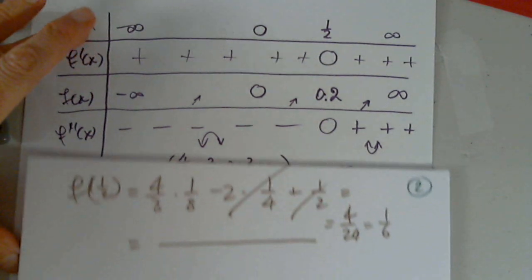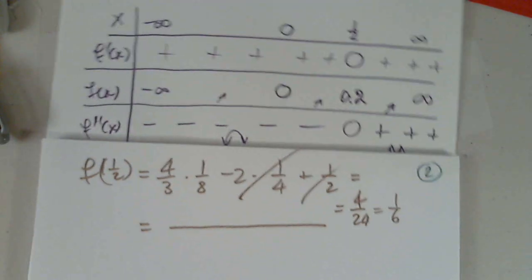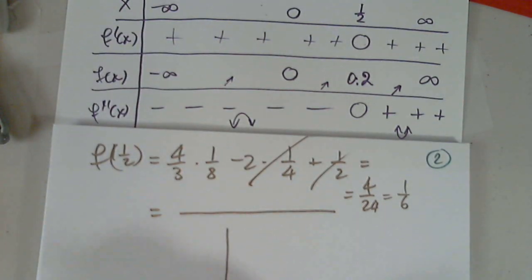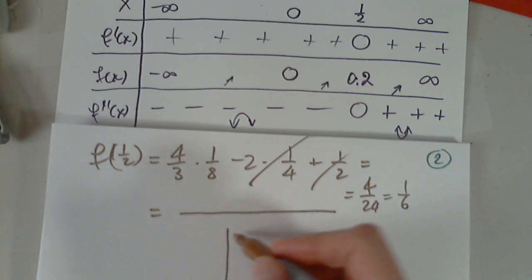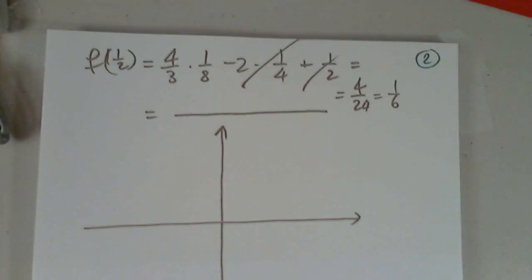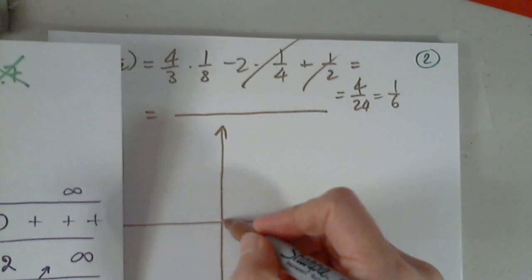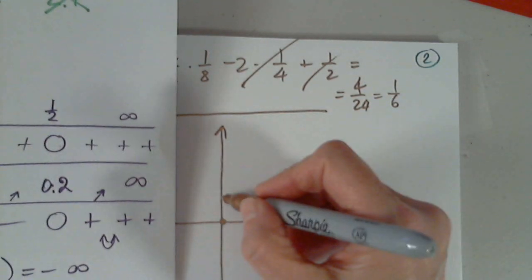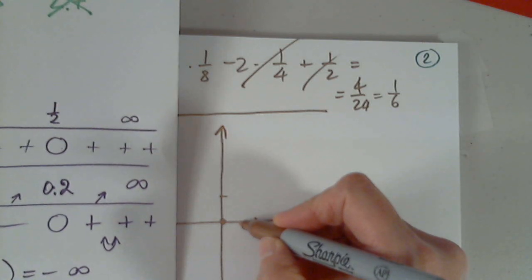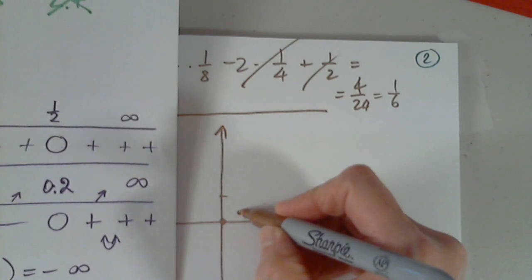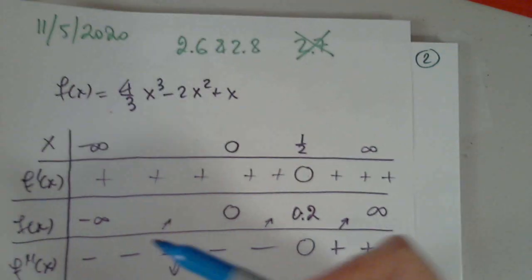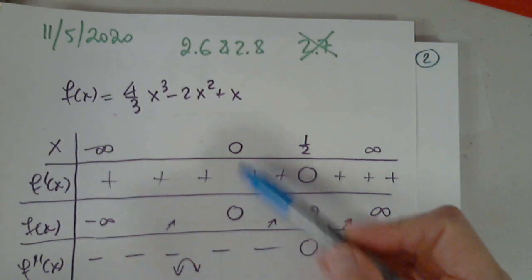Good. So then I'm going to start graphing this function. Zero, zero. And this is tiny. I'm going to take a big unit. So at 1/2 is 0.2. Okay. So then the function comes from negative infinity increasing to the origin.